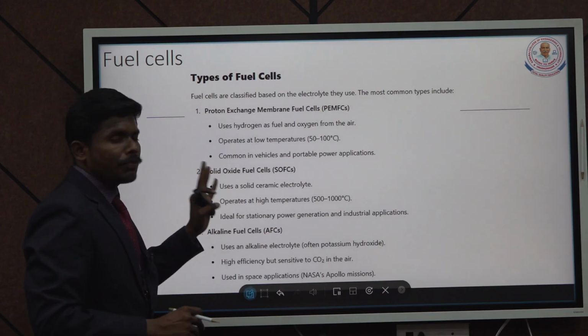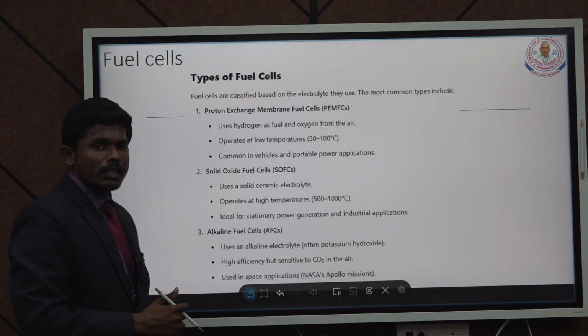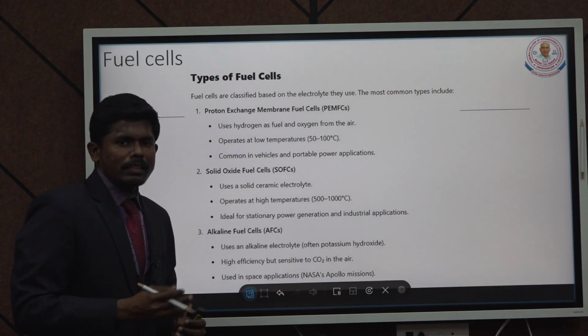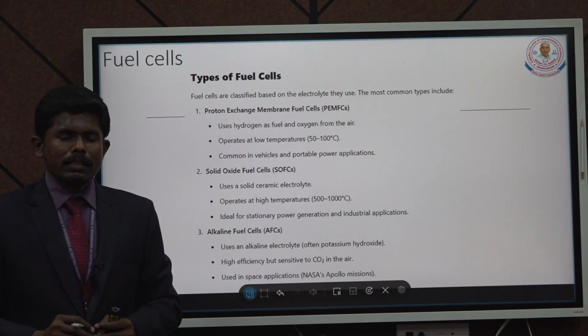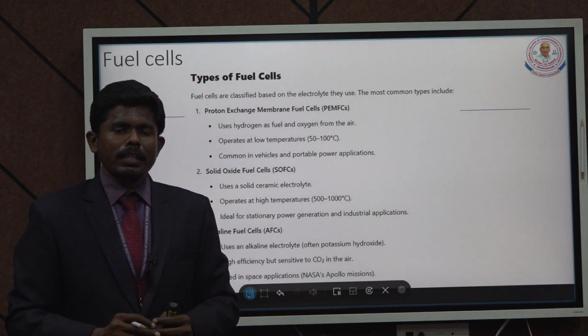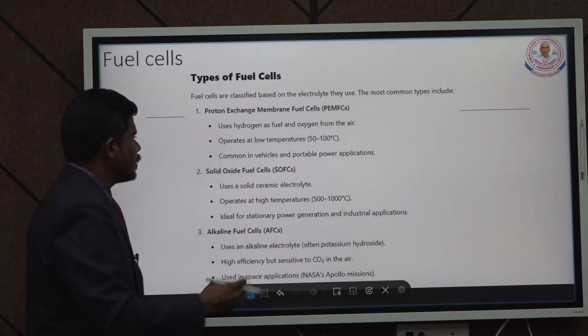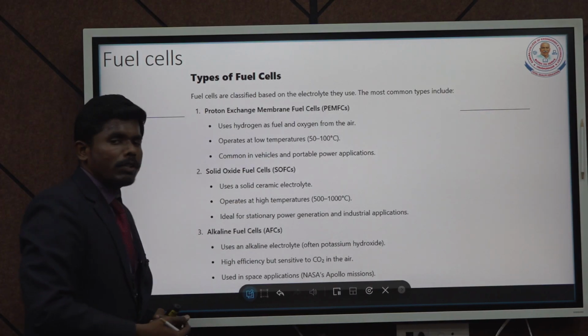As we know, fuel cells entirely depend on hydrogen as a fuel, use oxygen from the air, and operate at low temperatures. The main reason for utilizing the proton exchange membrane is for domestic and industrial applications under normal temperature, because its operating range is limited to 50 to 100 degrees Celsius.